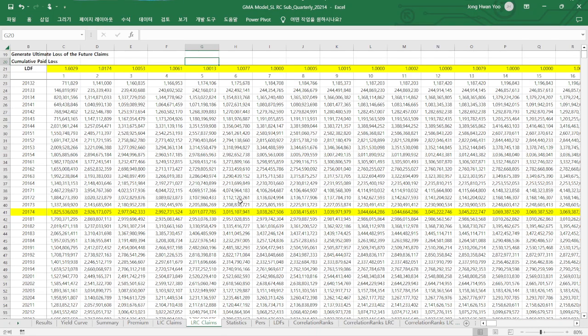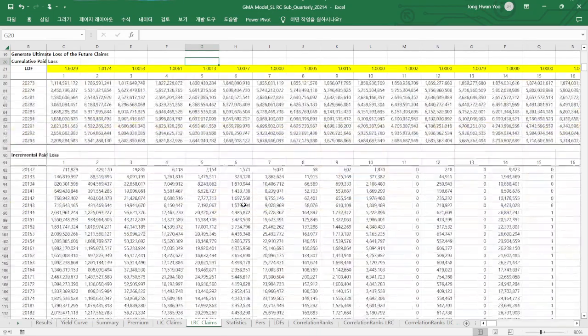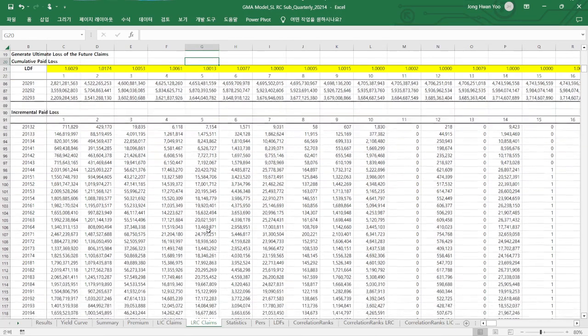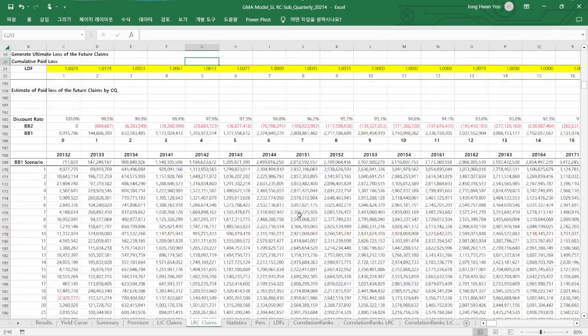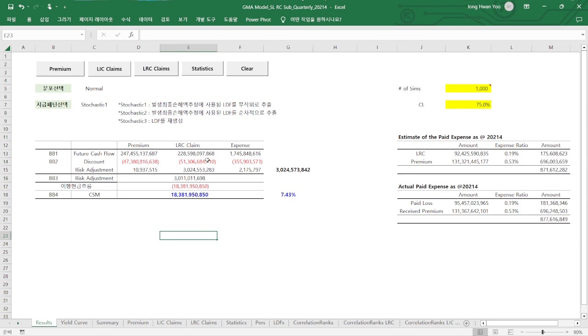And if I do it, you can create the incremental paid losses for 1,000 different scenarios, and you gather on a calendar year basis, and you apply the discount. And that's how I get the building block one. And also after I apply the discount, you can get the building block two. And the risk adjustment I showed you separately, but that is a little bit different story.